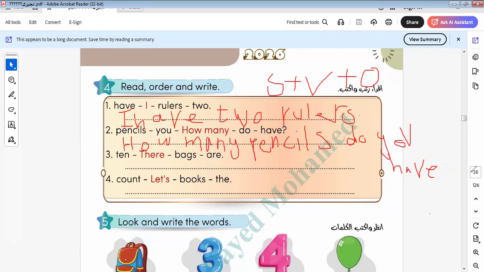I put a question mark at the end of the sentence. Don't forget to put a question mark if you have a question. If you have a question form, you must put the question mark at the end of the sentence. Let's continue the rest of the exercise.